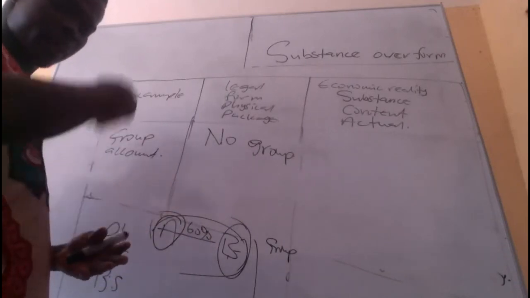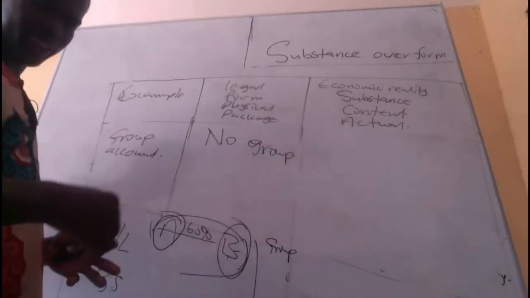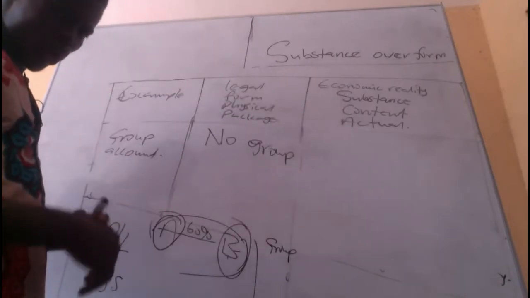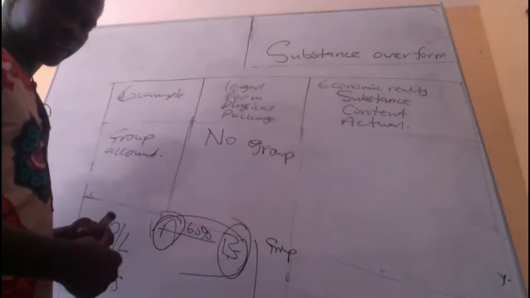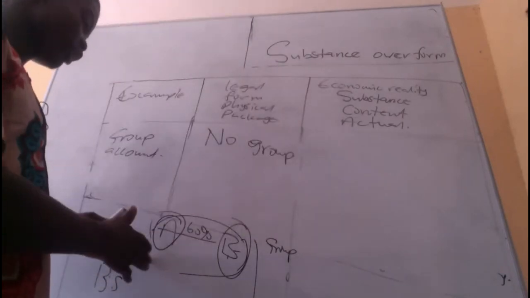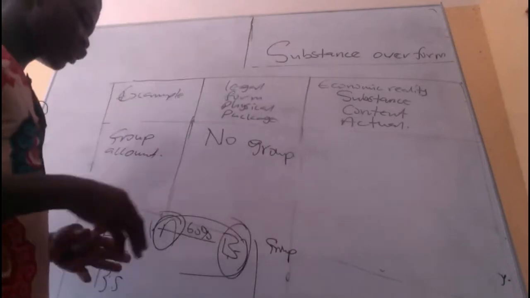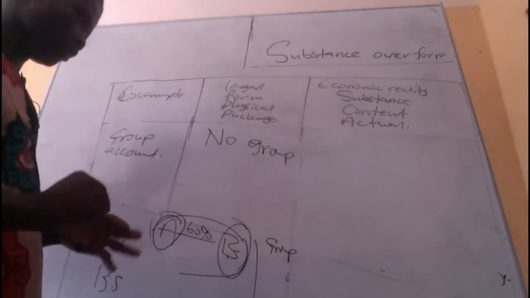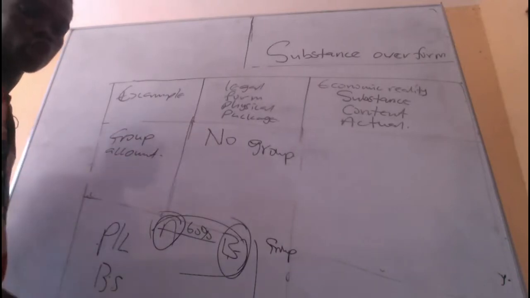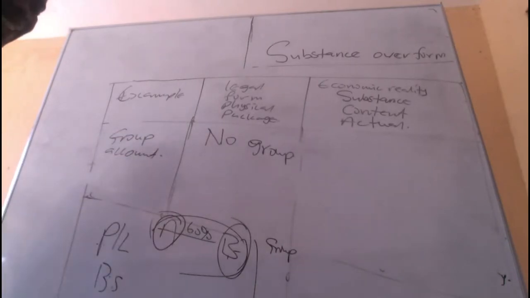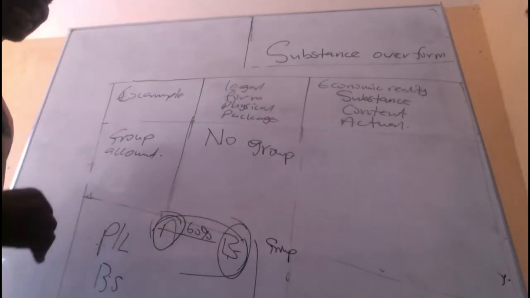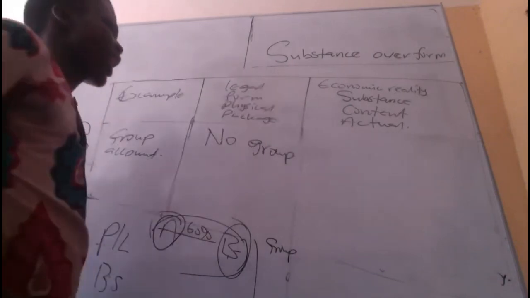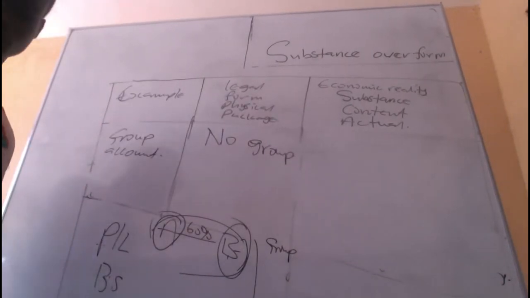You can have a branch in the Eastern Region and other regions. That does not make it a group. Or you can have a permanent establishment in other places, or the same business operating in other places. That does not make it a group. So legally, there's no group because we don't give a certificate to a group of companies. We give it to individual companies and you operate individually. Your objects are different. Now let's go to the economic reality.